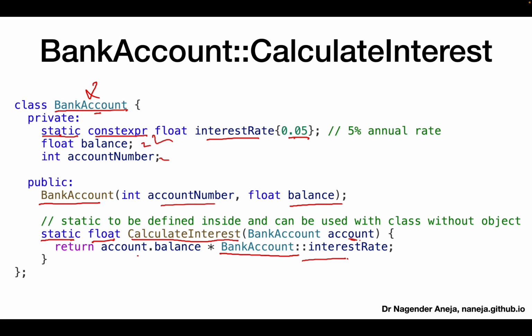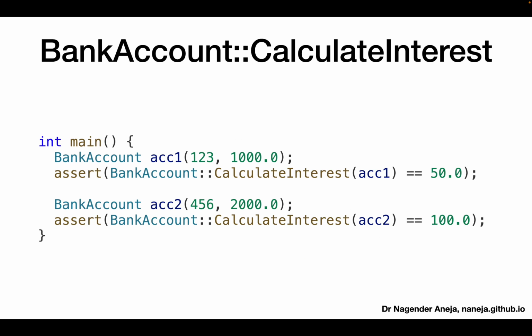That is preferred, but you can still use the object as well, like this->interestRate. This is the preferred way because it indicates that the interest rate must be static, so it immediately gives you an indication that you should check that it is static, right? And account.balance is the private balance of that particular account. So it returns the multiplication of these two.